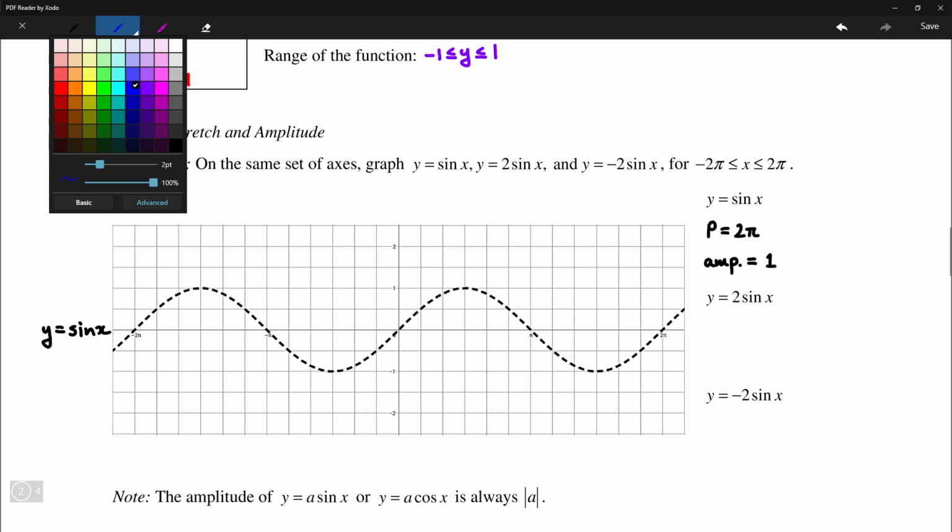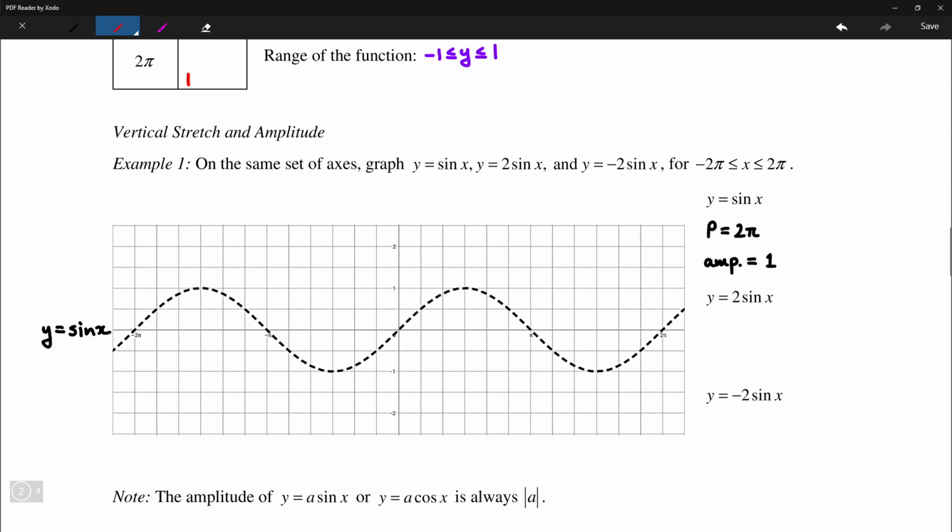So next, we're going to graph y equals 2 sine x, and this 2 simply is a vertical stretch by a factor of 2. And what that does is that it does not change the period. The period is still 2 pi, but the amplitude will now be 2.